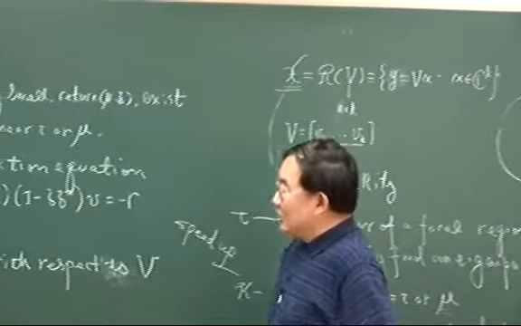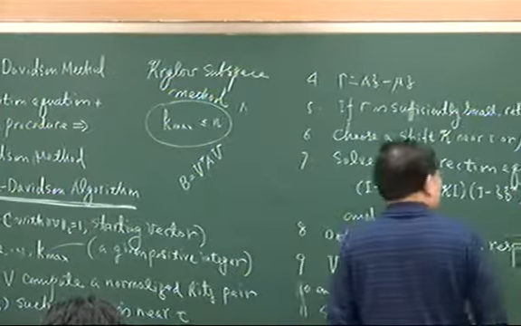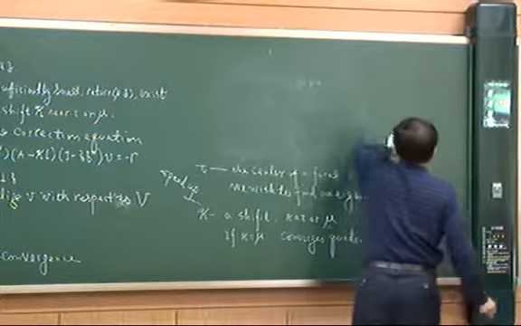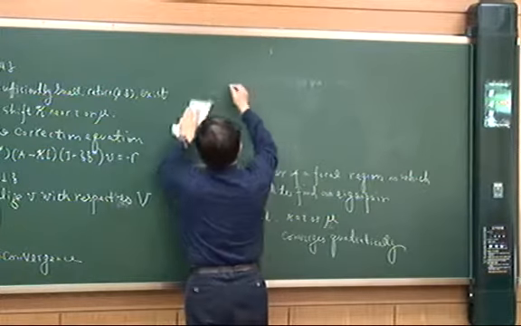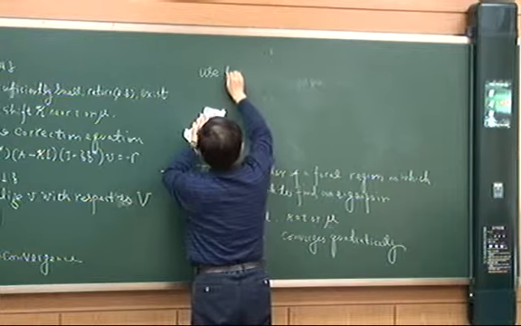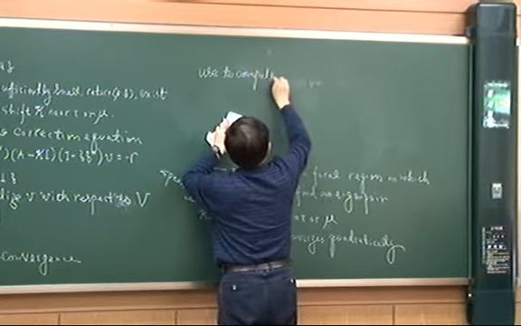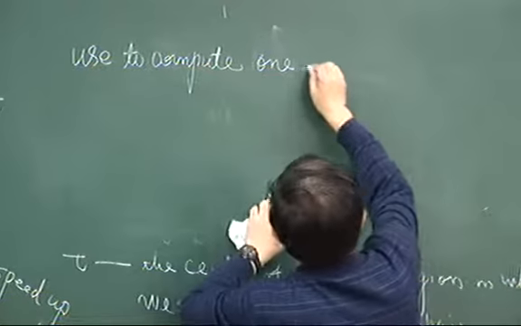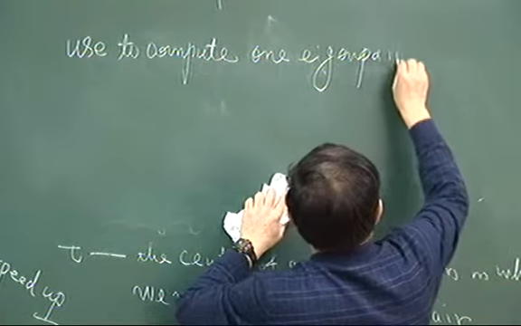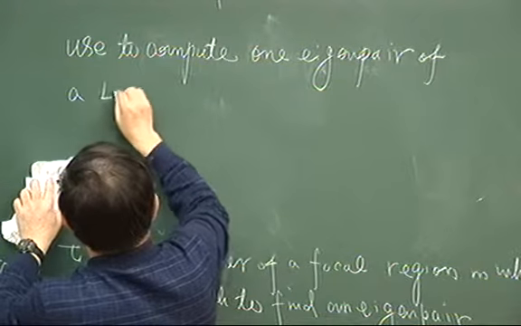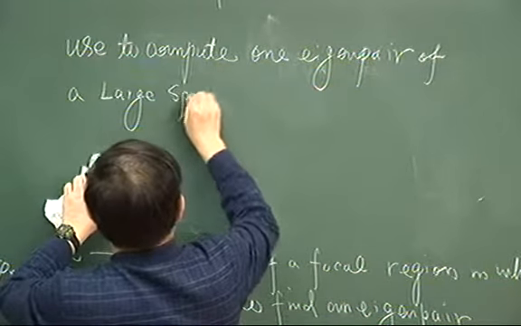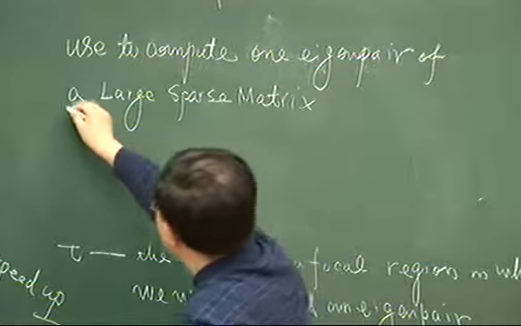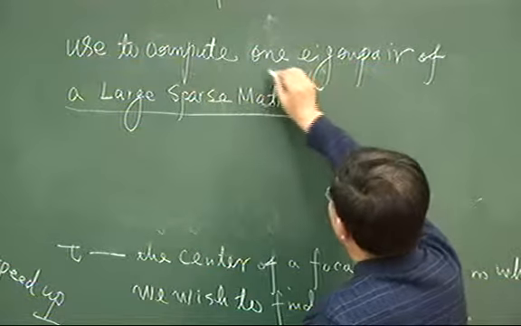So this method can also be used to compute one eigenpair of a large sparse matrix, this kind of large scale matrix.